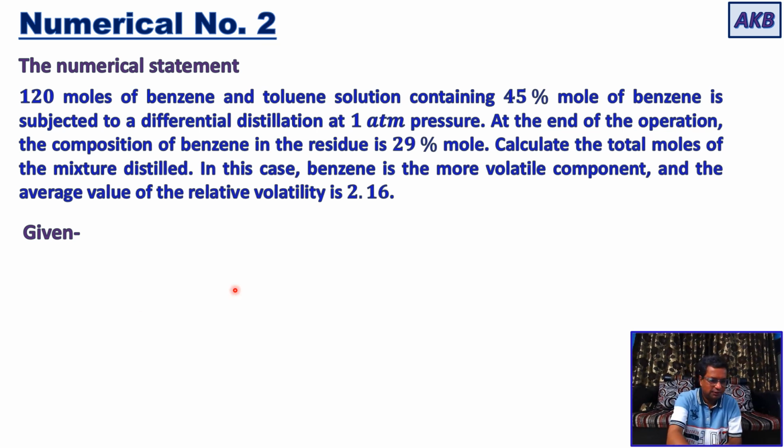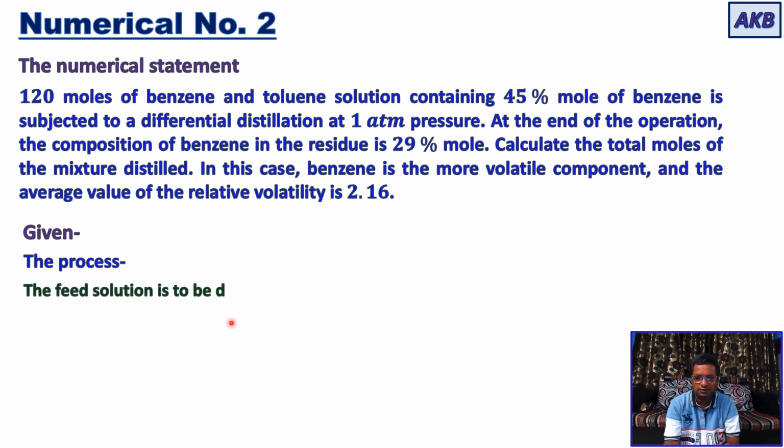Okay, then what is the process? The process is the feed solution is to be differentially distilled, so we have to use differential distillation or simple distillation to separate the components.